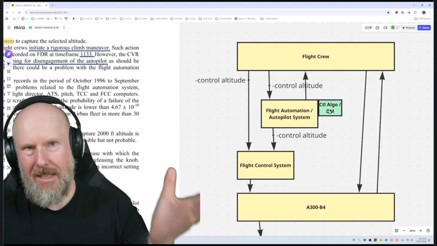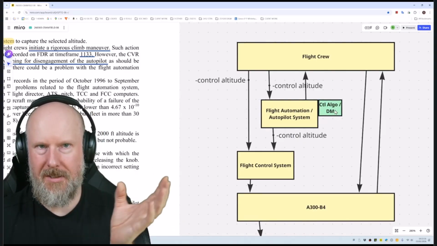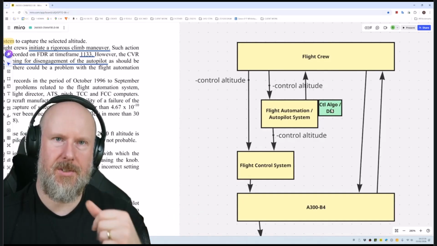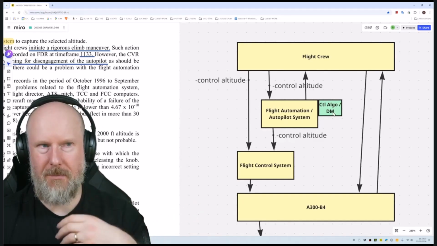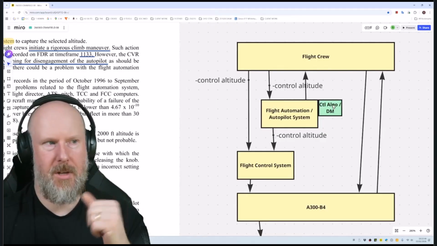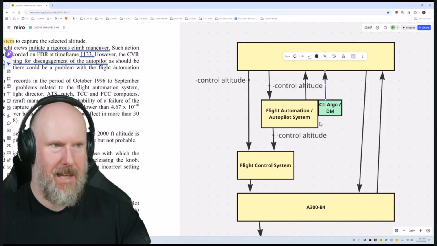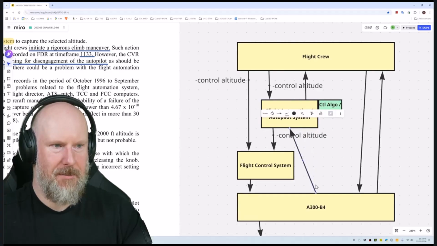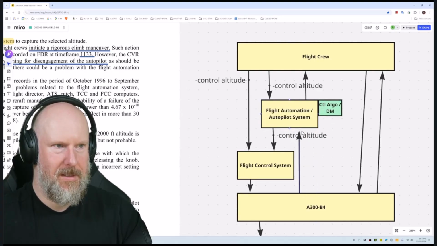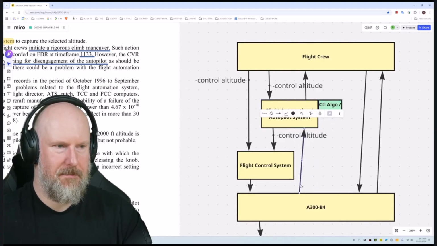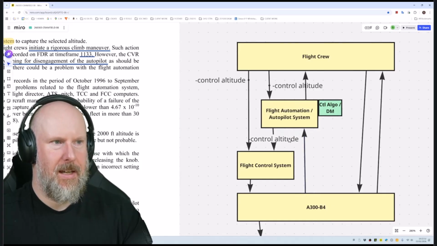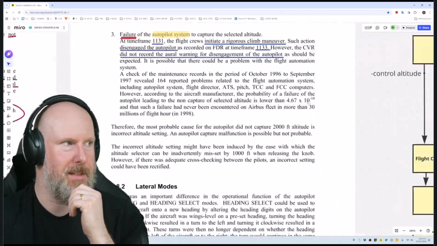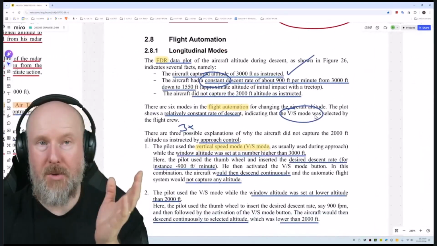So this logically has a control algorithm, some kind of decision making that the autopilot system makes decisions based on information, based on instructions from the flight crew, based on feedback perhaps from the aircraft. So let's maybe get some altitude information perhaps back to the flight control system. And so it'll control the altitude based on that algorithm. And it says over here there are three modes for that algorithm.